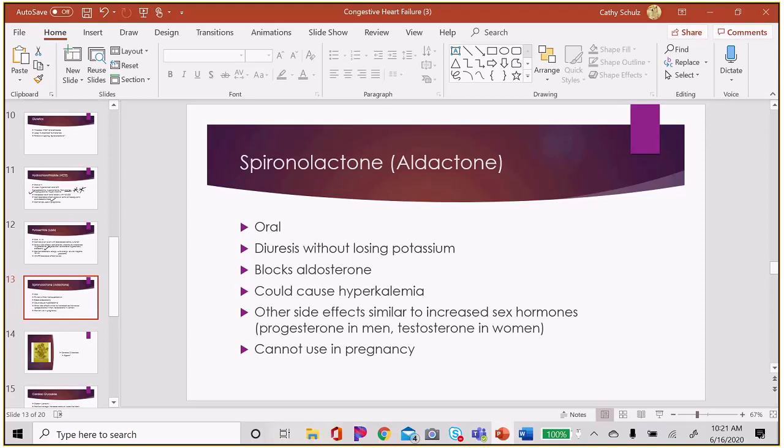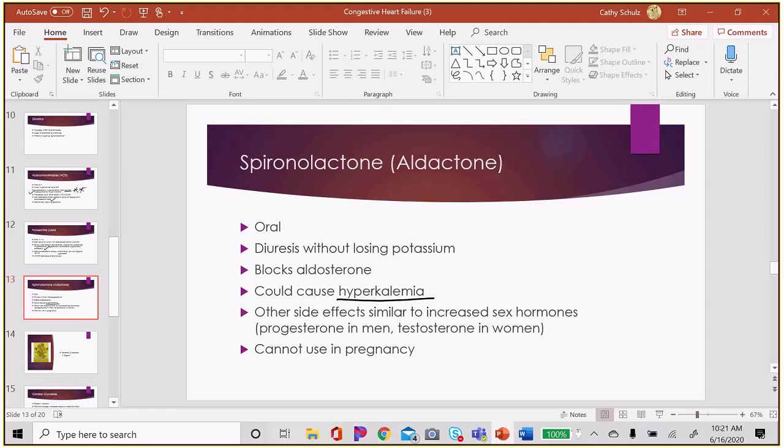Spironolactone works at the last part of the nephron, and what it is actually blocking is aldosterone. Because we know anything that manipulates the renin, angiotensin, aldosterone system will increase potassium, this medication should pull fluid off, but not cause hypokalemia.